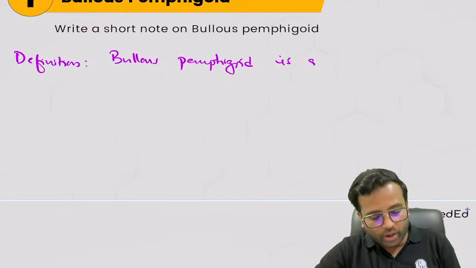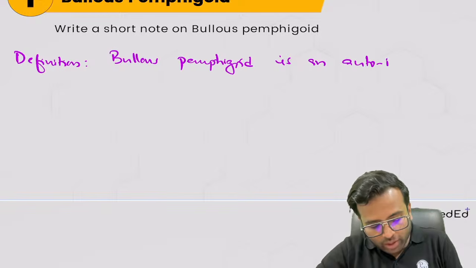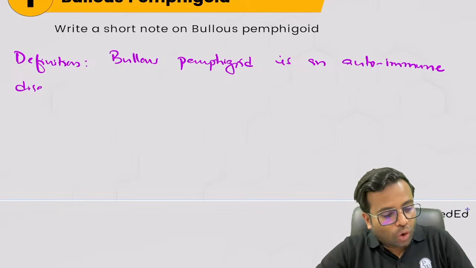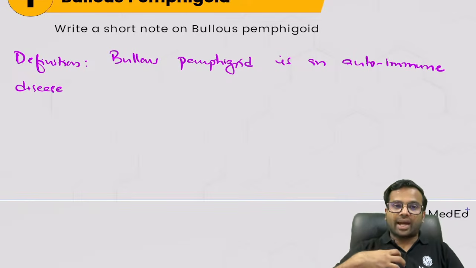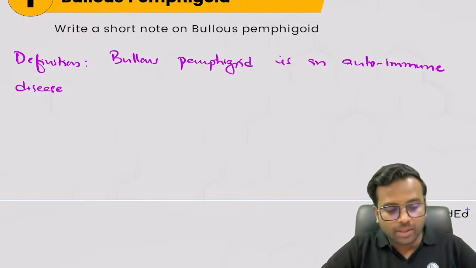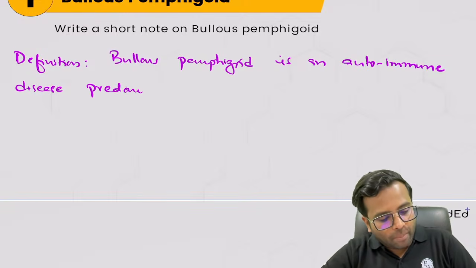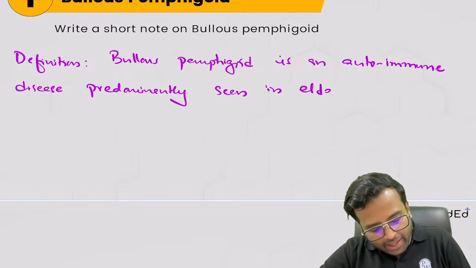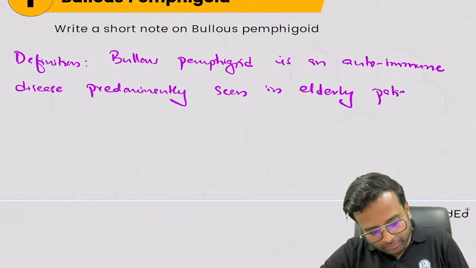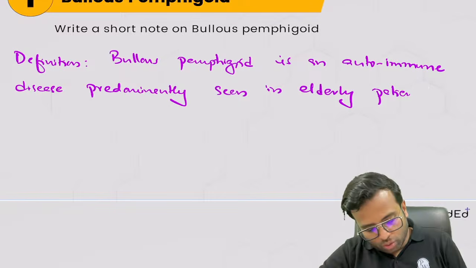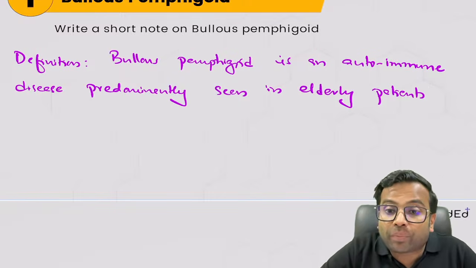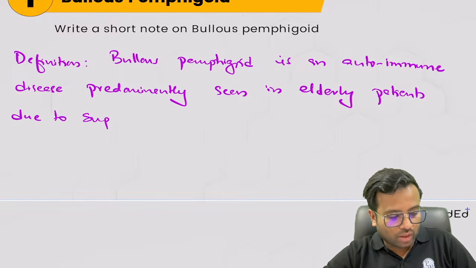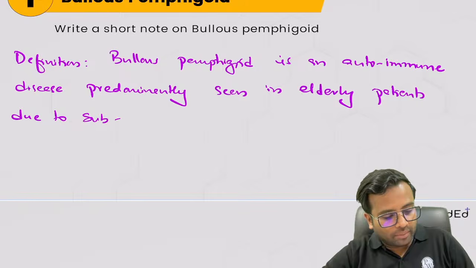So, Bullous pemphigoid is an autoimmune disease. Autoimmune disease means our body is attacking our own cells, isn't it? Which is predominantly seen in elderly patients due to subepidermal blistering.